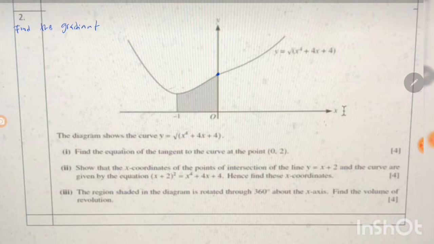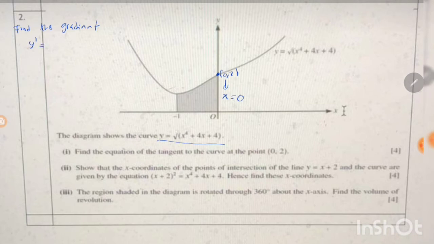So you find the first derivative of y and then you put in the point (0, 2), it means x equals 0. You put x equals 0 in this first derivative of y, and you get the gradient, right? So to find the gradient, you need to find the first derivative of this.